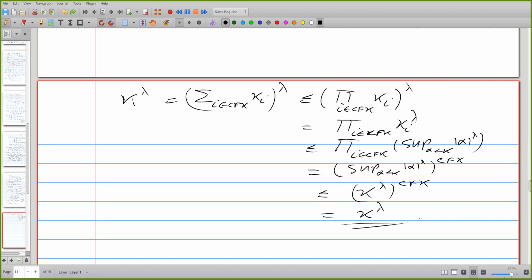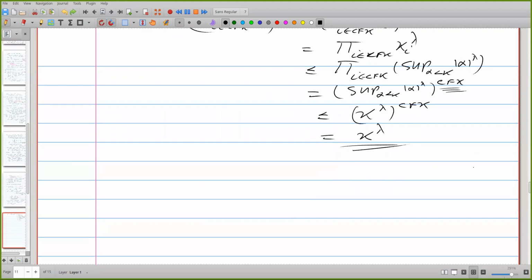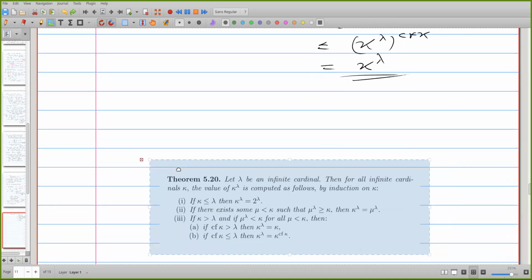Yay, again we have this cofinality kappa here in the exponent, and there's where the Gimel is going to come back. And so now I'm picking up the theorem.